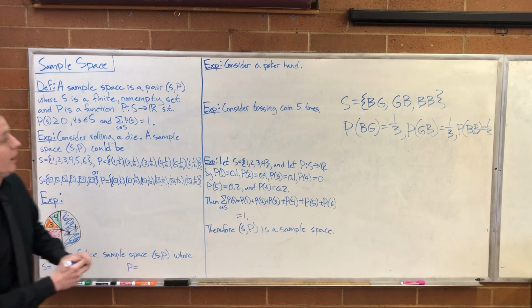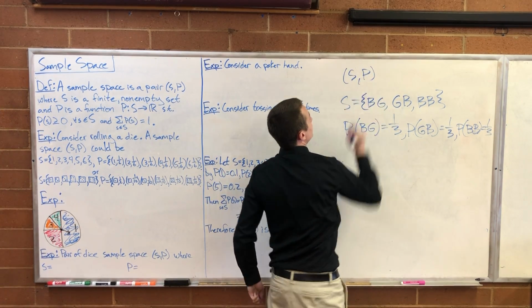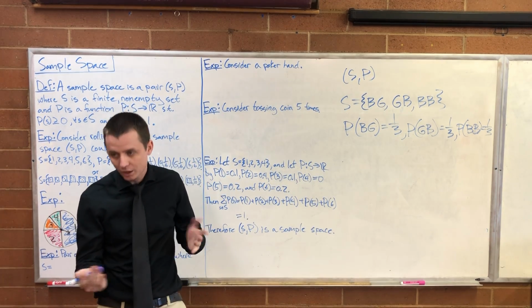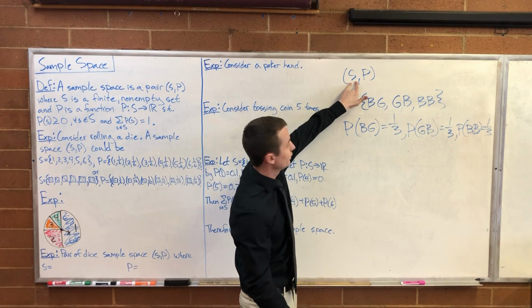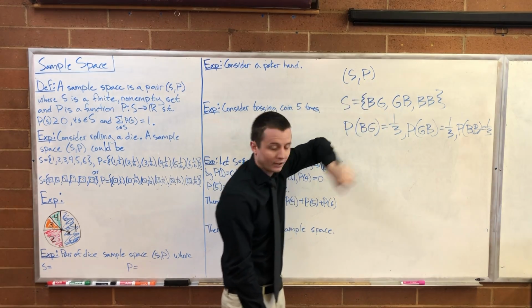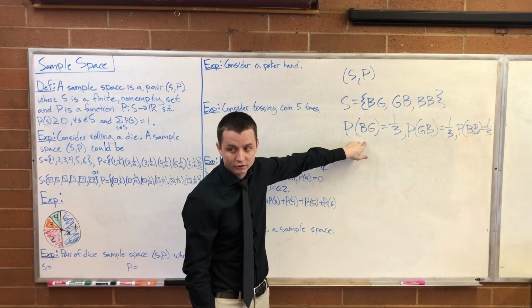What the sample space looks like? So yeah, the sample space is the ordered pair S comma P. Not identical, but very similar to how we define a topological space. Topological space, you have a set of things, and then you give those set of things some structure. That's exactly what we did. We took a set of things, and now this is giving them some structure.